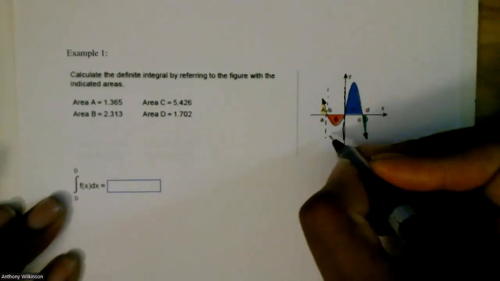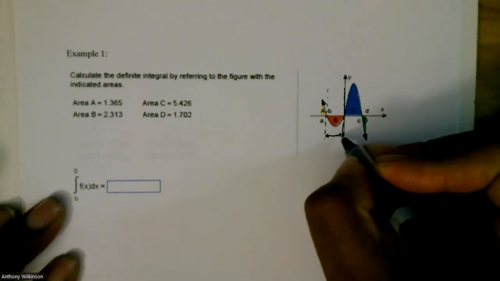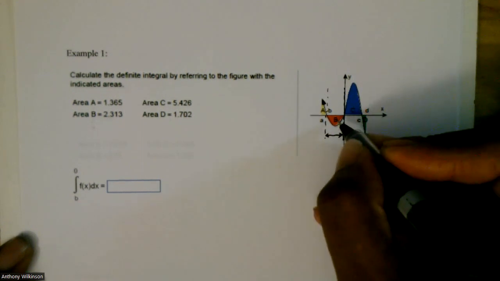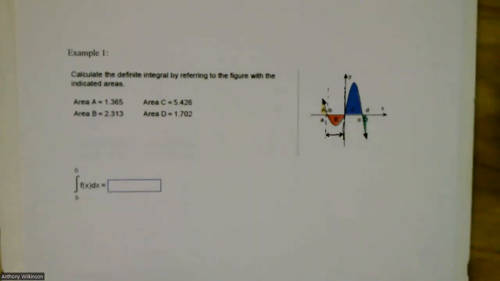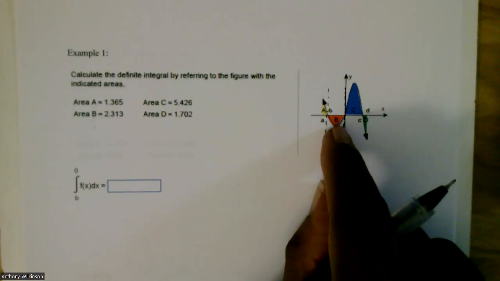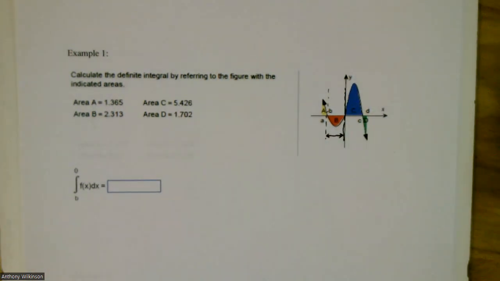That's going to be this area from b to 0. And the only area that you see here is right here. That's area B. Now notice where area B is. It is below the x-axis.